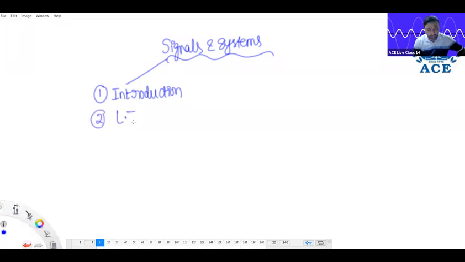Second topic is linear time invariant systems, in which mainly we are learning the word convolution.